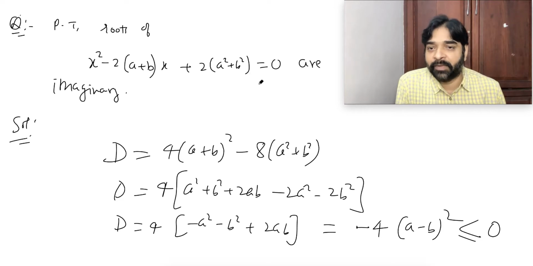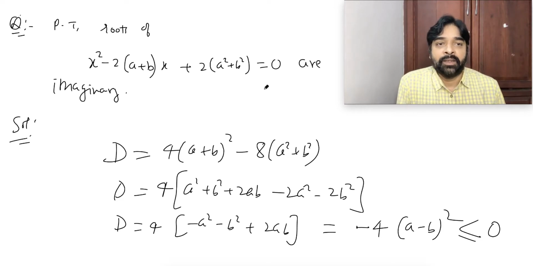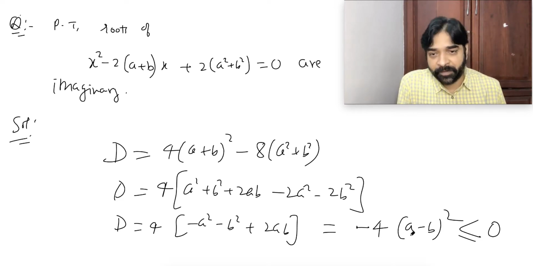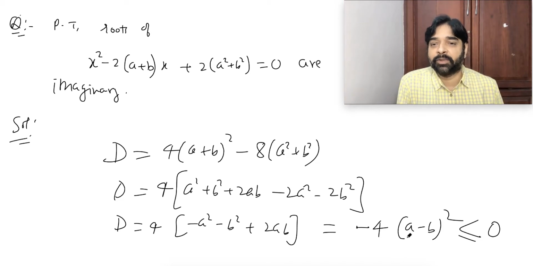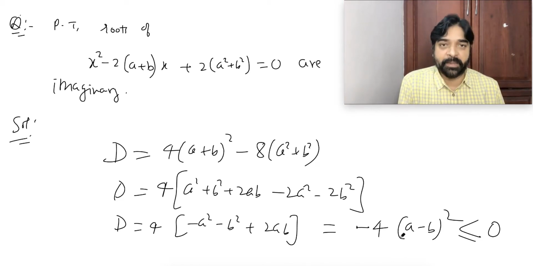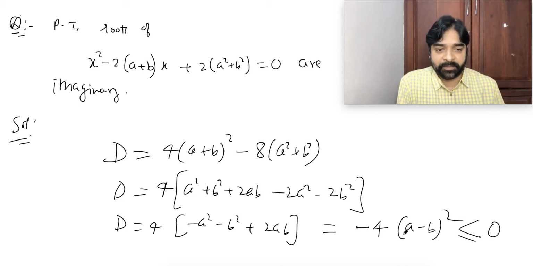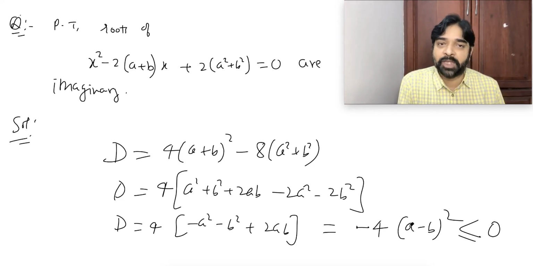This quantity is always negative or 0. Actually, the question is not very correct. If by chance the discriminant is 0, then we cannot say that roots will be imaginary; then roots will be real also. But roots will be either equal or imaginary. This a can be equal to b, no? If a equals b, then what will happen? This value will become 0, so the discriminant will be equal to 0.